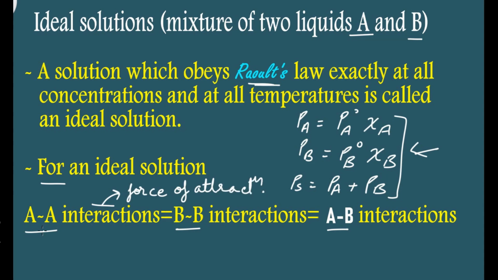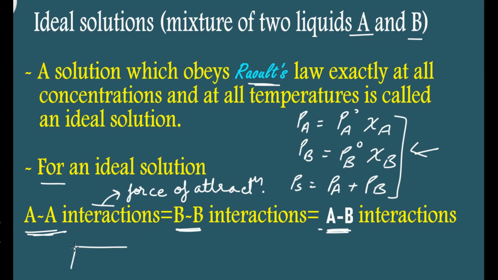Which particles? First particle A and particle A, then particle B and particle B, and the third one is particle A and B, which are present in the solution. The force of attraction defines various properties. In an ideal solution, these interactions are equal. All interactions are equal.